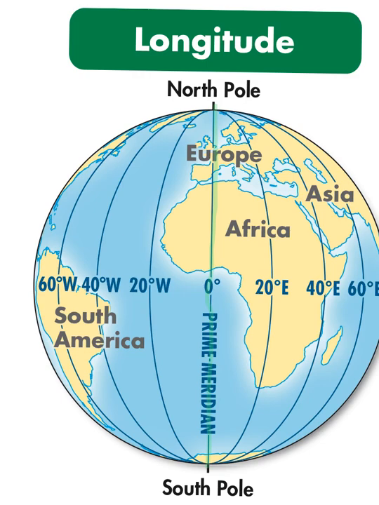If you are west of this line on the planet, longitude lines will be labeled with a degree mark followed by a W for west. If you live east of this line, of course, same applies. You'll go in an easterly direction, and that longitude degree will be marked with an E.